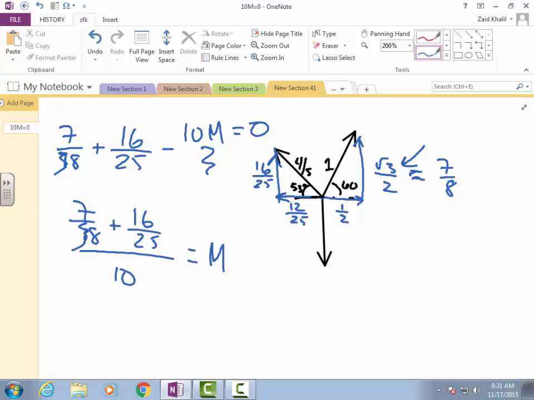That's a 90-degree angle. This is parallel to the plane. So these two are parallel.